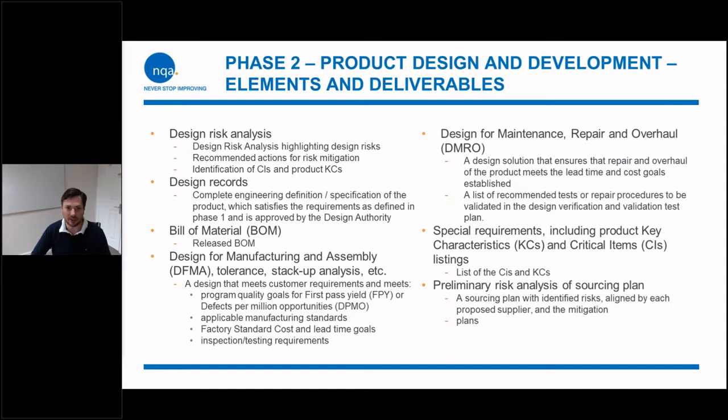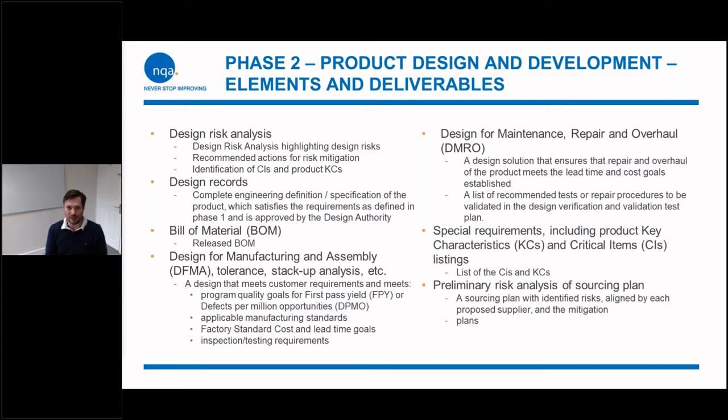Bill of materials, most people are used to seeing BOMs nowadays. Any assembly manufacturing tolerances, stack up analysis, lead times, testing requirements, all of these things should form part of the design process, and you should have all these deliverables that you can present in this.